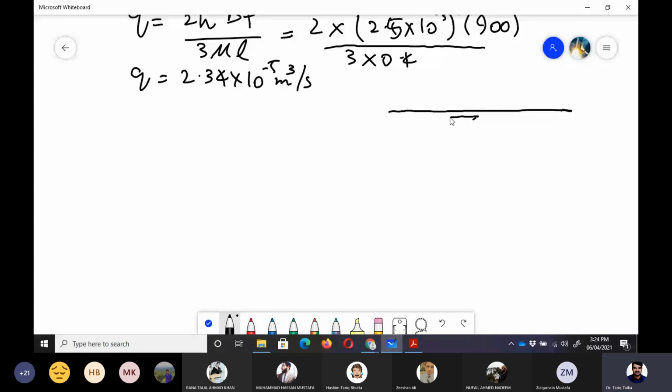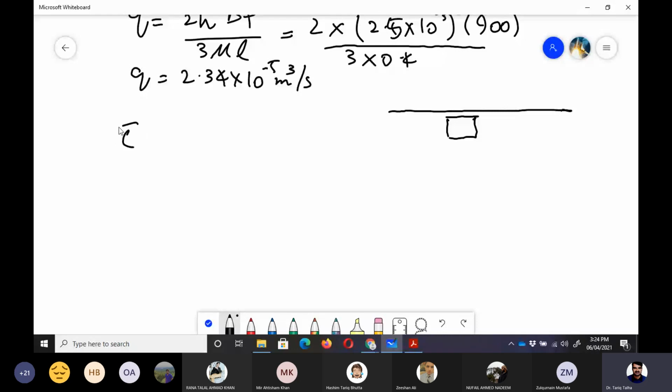If this is a fluid element, here we are going to calculate the shear stress on this element, and then the equal and opposite shear stress would be applied by this plate. So we would see what that is. First of all, we are going to find the stress value on the top surface of the fluid element.